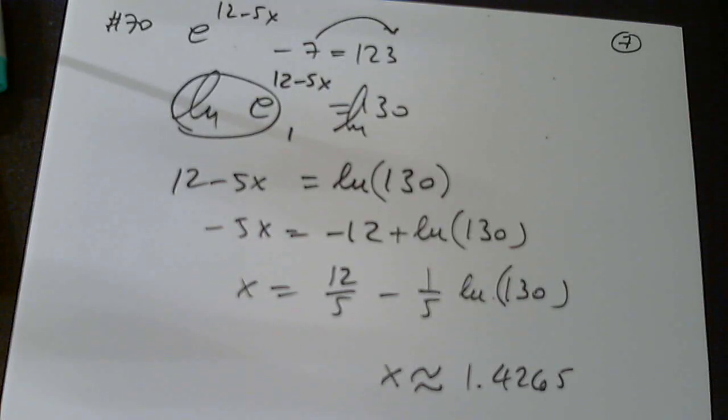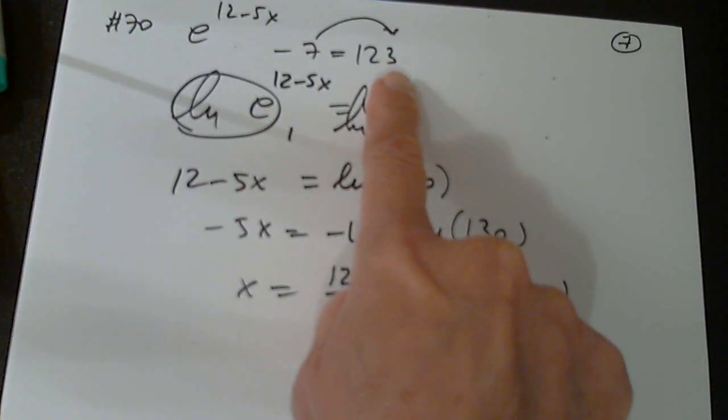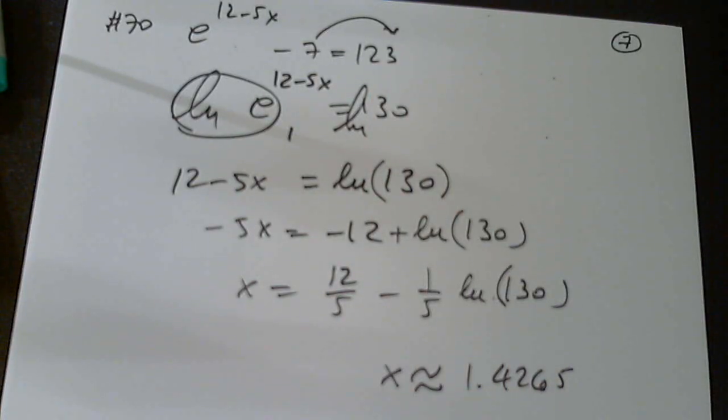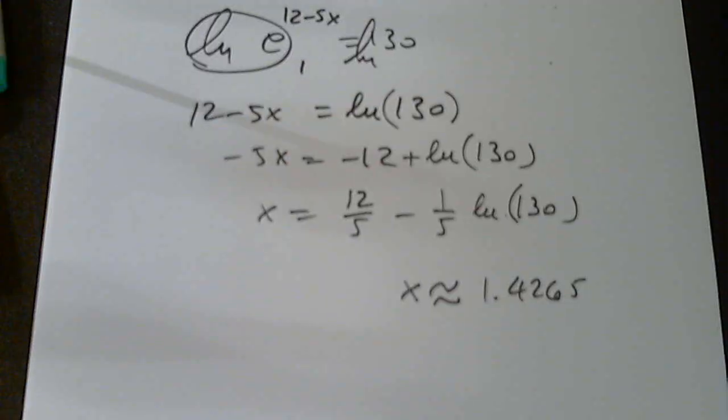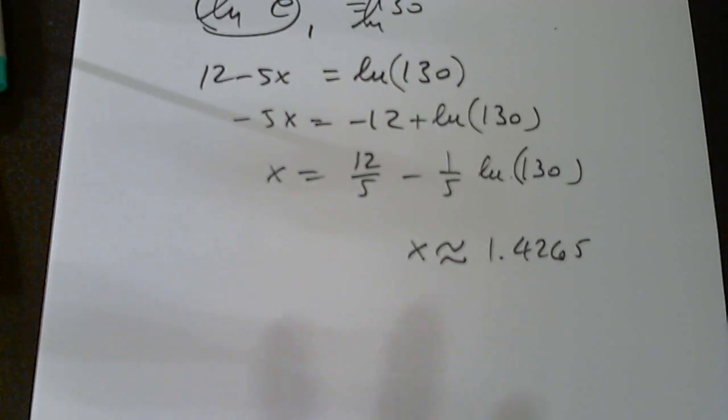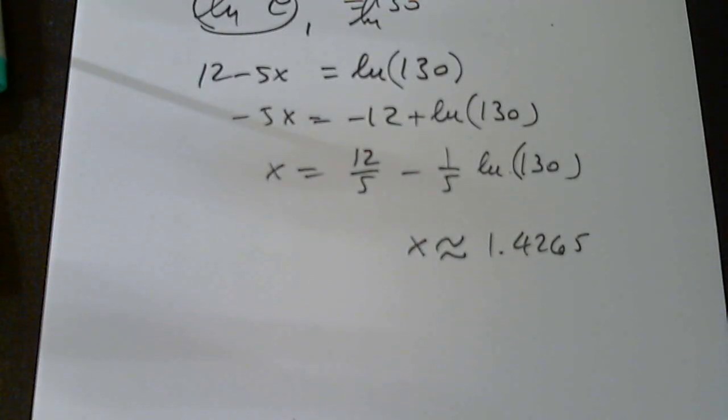So 12 minus 5 multiplied by the answer we got, close the parenthesis, minus 7, we got 123 as expected. Now I know I don't need anybody's help or advice or anything to support me. I know this is the correct answer. I checked. Good.